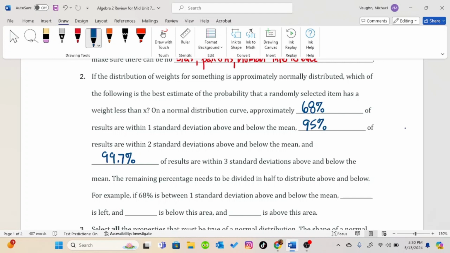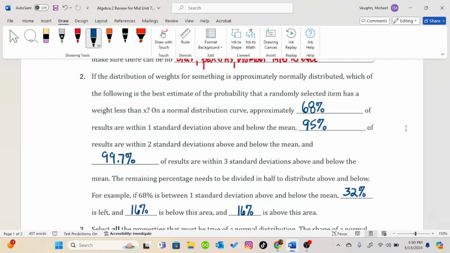The remaining percentage needs to be divided in half to distribute above and below. For example, if 68% is between one standard deviation above and below the mean, then that leaves 32%, and 16% is below the area, and 16% is above the area.